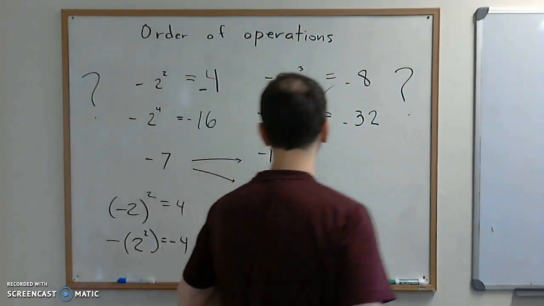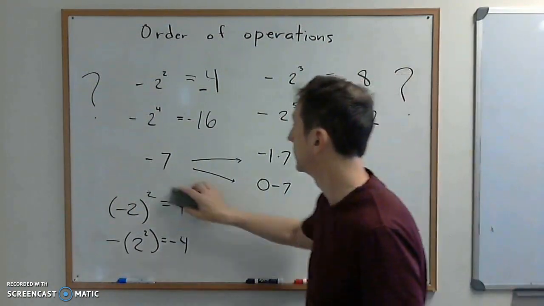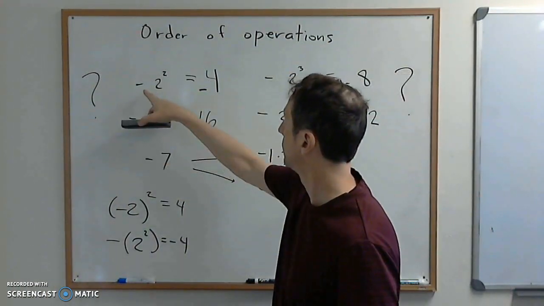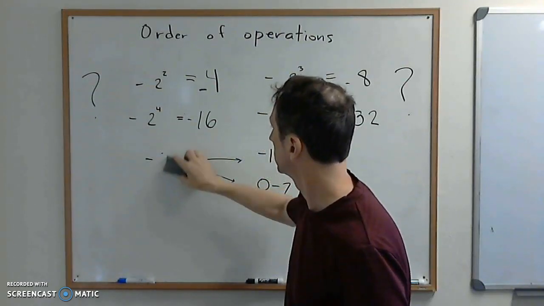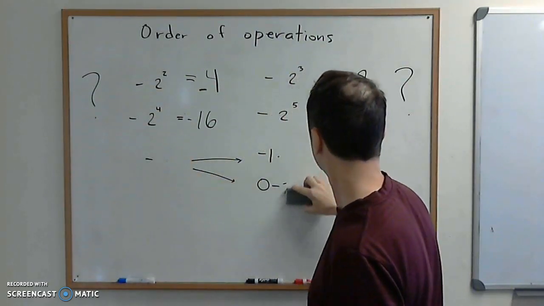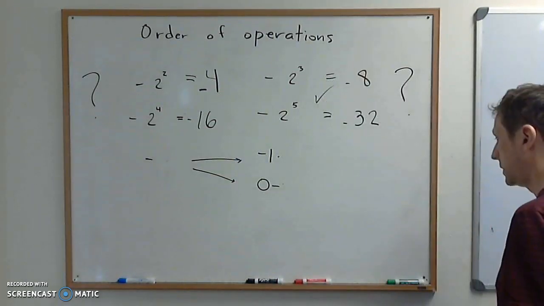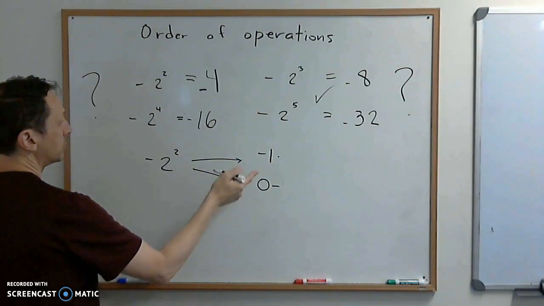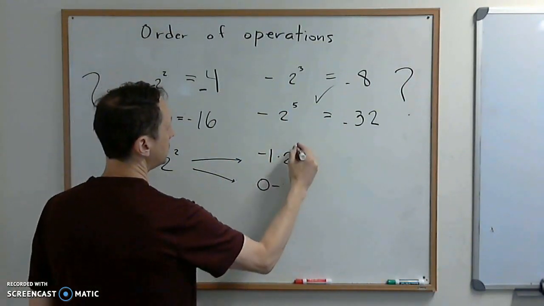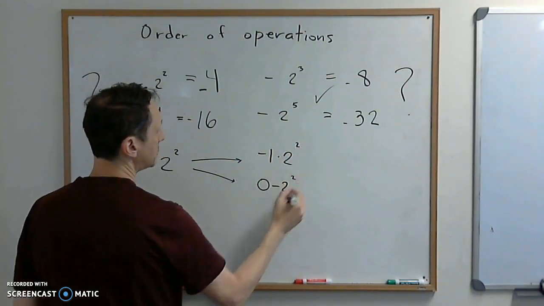And we can use this principle to prove it. So basically, remember when you see a negative sign in front of a number, when you see a negative sign in front of 2 squared, you can interpret that either as -1 times 2 squared or 0 minus 2 squared.